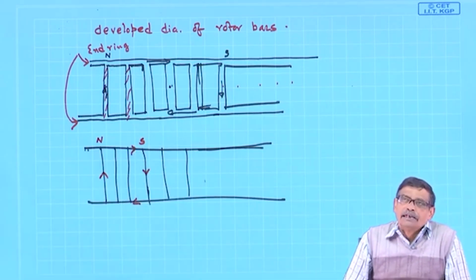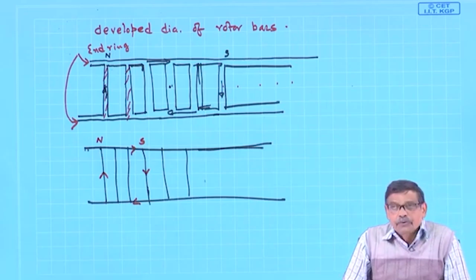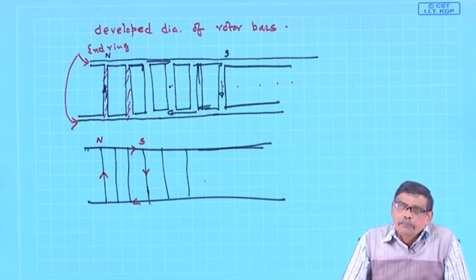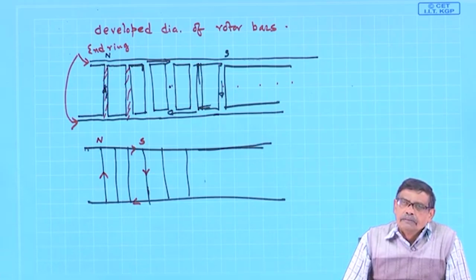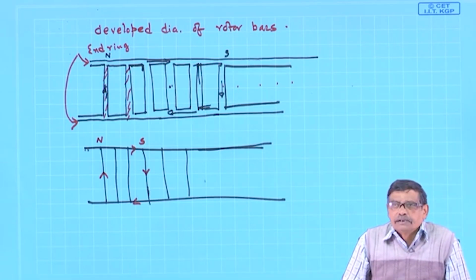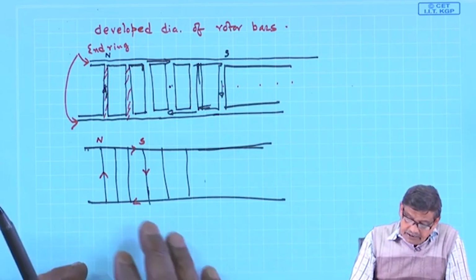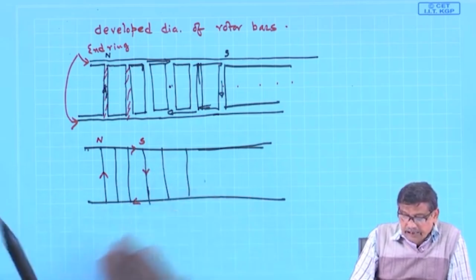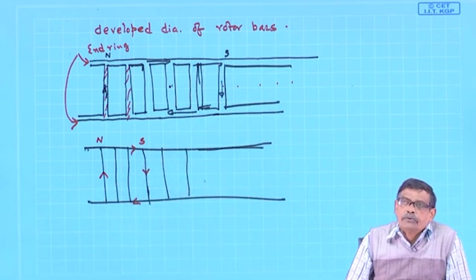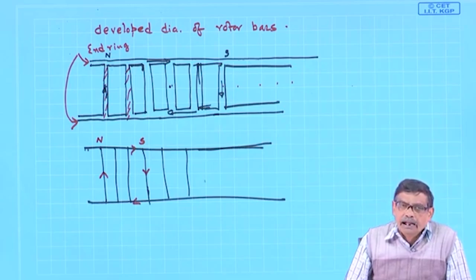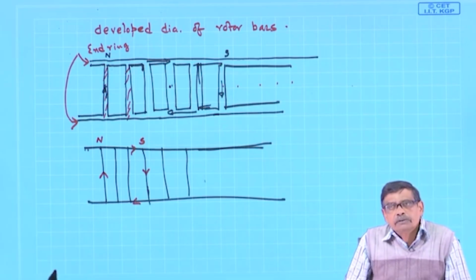That is why people say a cage induction motor can adjust itself to any number of poles, in general any number of poles as produced by the stator. So, it is a very nice thing. In fact, this was one of the reasons that a cage induction motor can have at least 2 speeds, provided you have got 2 sets of stator windings.